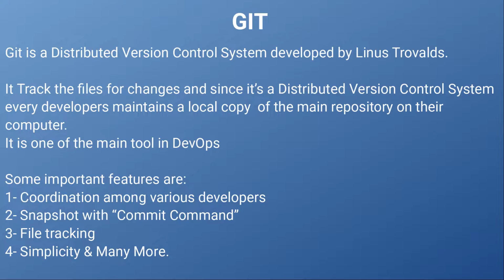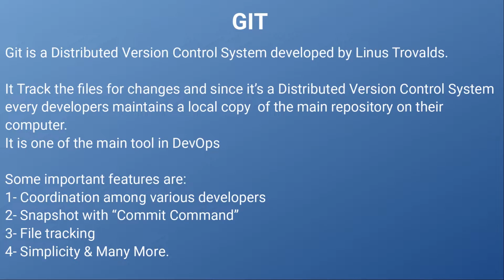With Git, this has been rectified, in such a way that if anyone tries to add or change something, you will be notified, or all the developers working on that specific project will be notified. So this is the main concept behind Git.